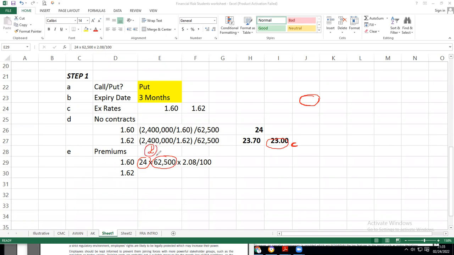Now that language of cents per pound, each one of these pounds is 2.08 cents. So in terms of dollars, we divide by 100. So this cost then is what we call the premium in dollars. Are we together?